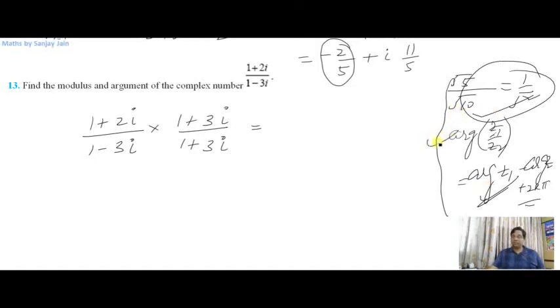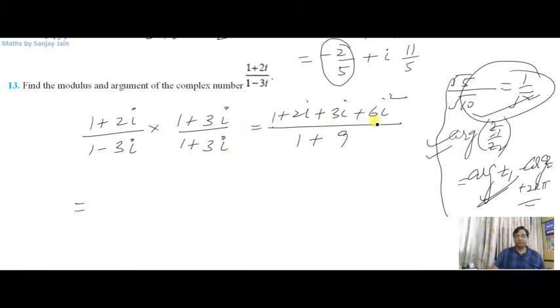Rather, now in your syllabus, first of all we need to convert it into a plus iota b form, then we need to check. So let us check it now. The numerator will become 1 plus 2 iota plus 3 iota plus 6 iota squared divided by 1 plus 9.